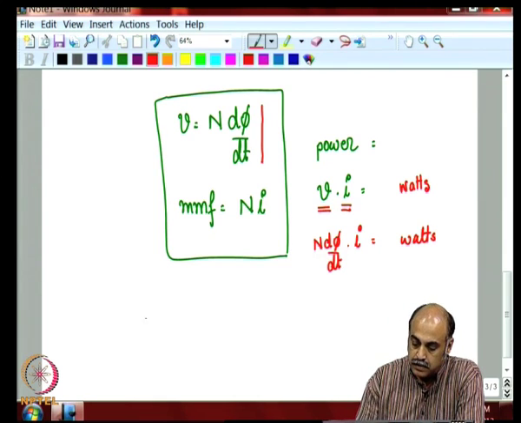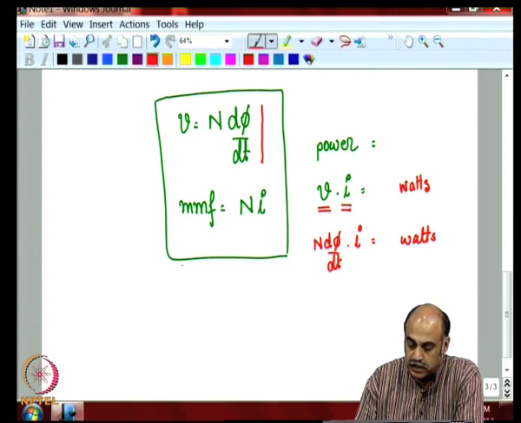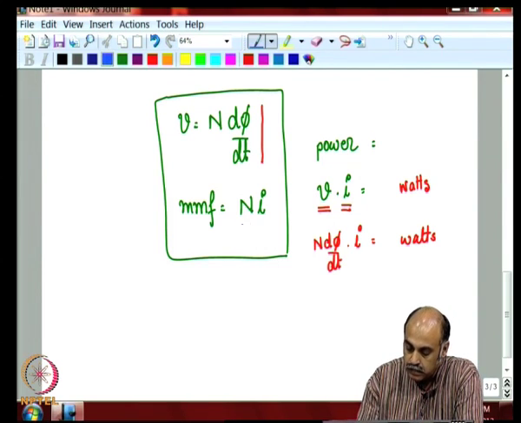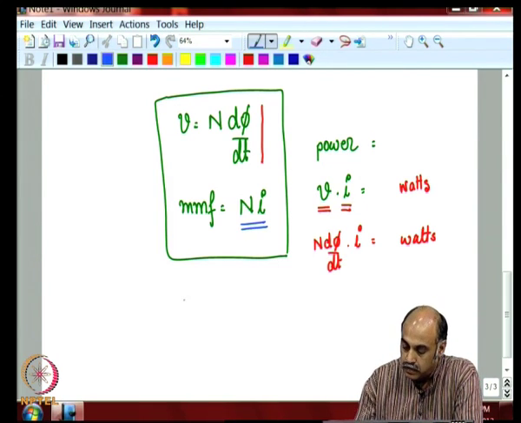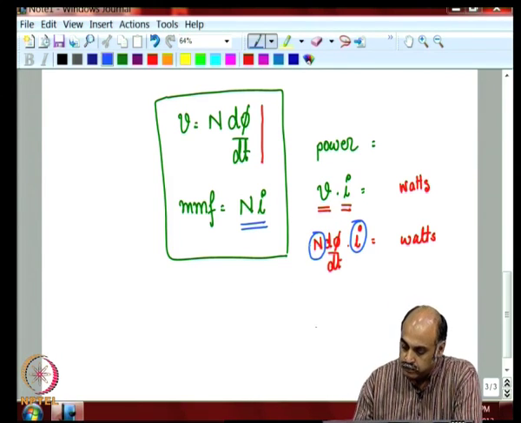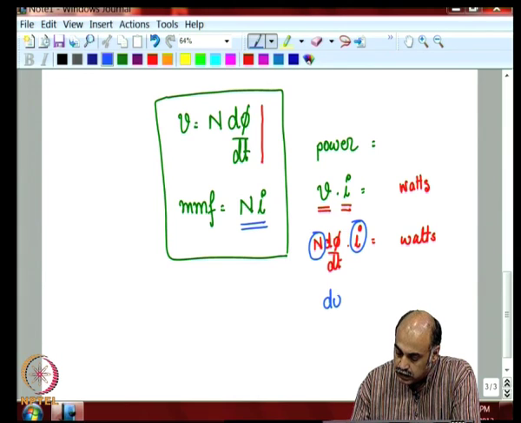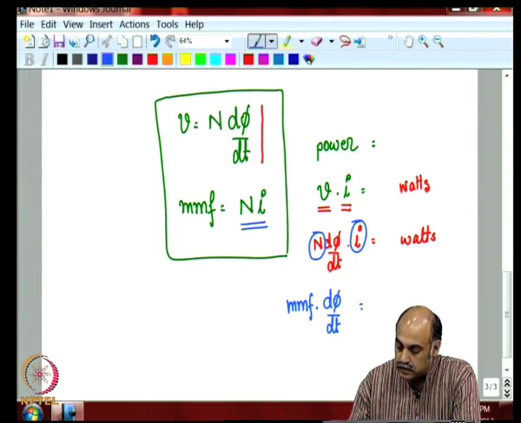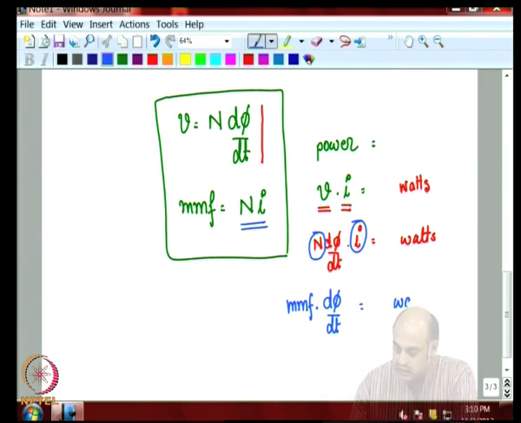Now, from the second equation, MMF is equal to Ni. Let us combine these two and you will get d phi by dt into MMF, which is again power in watts.